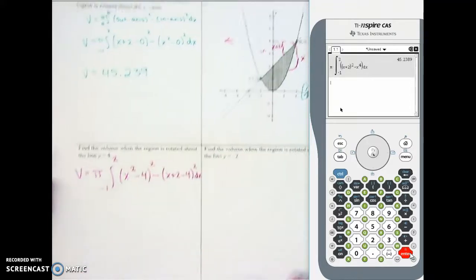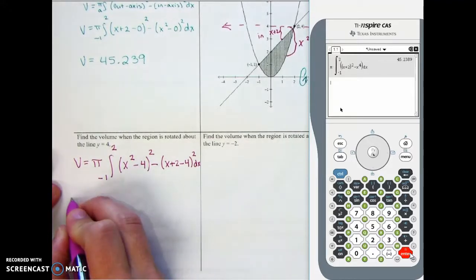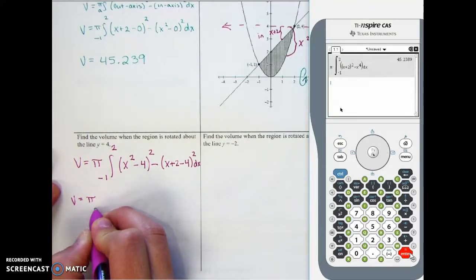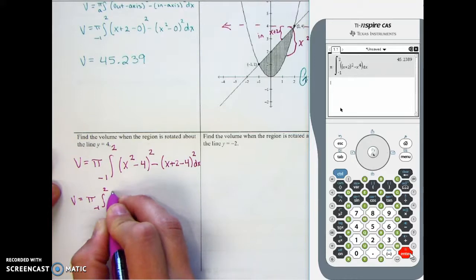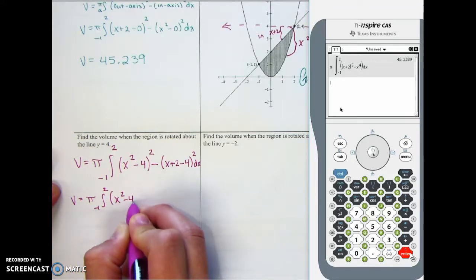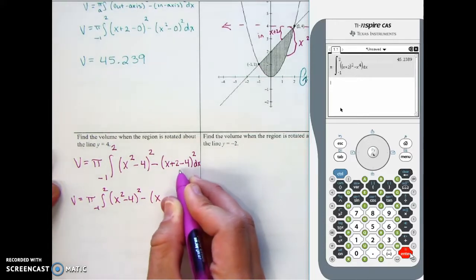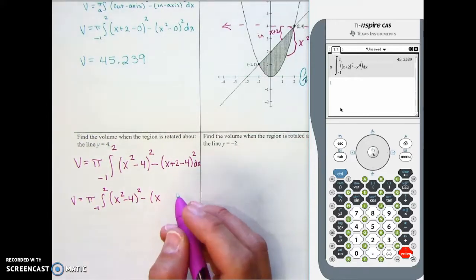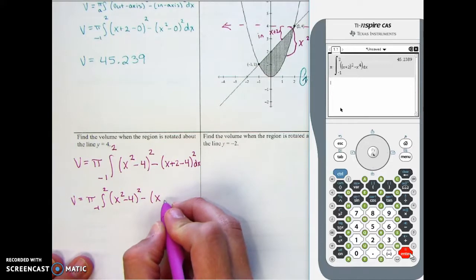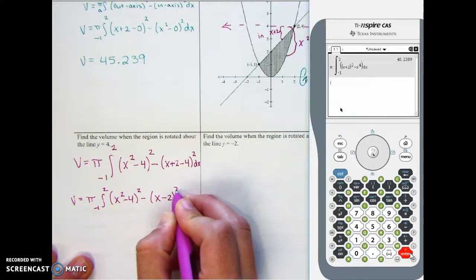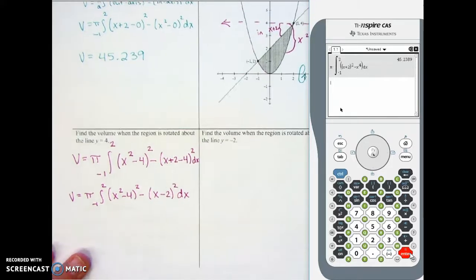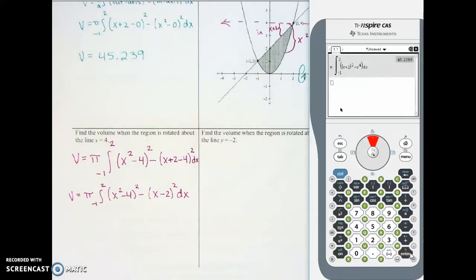Did I remember my pi this time? Yes. Let's clean this up before I plug it in the calculator to find the volume. X squared minus 4, squared, minus, what's x plus 2 minus 4? That's going to be x minus 2, squared, dx. All right, to the calculator.